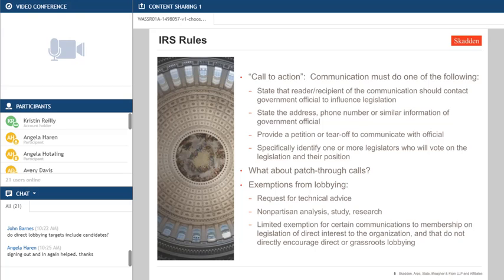The only difference is, and it can be a significant difference if you're kind of on the line of doing lobbying, that the expenditure test is strictly an expenditure test, right? So it's based on what the organization is spending to do this lobbying, whether it's direct or grassroots.